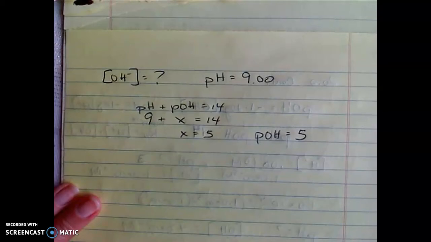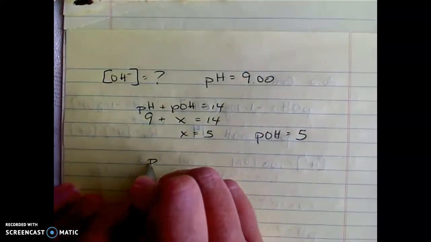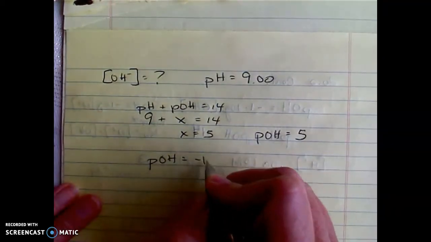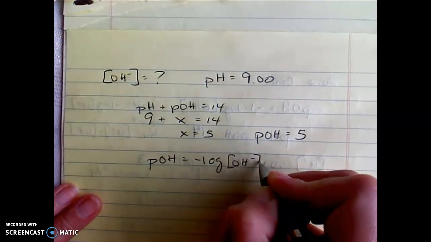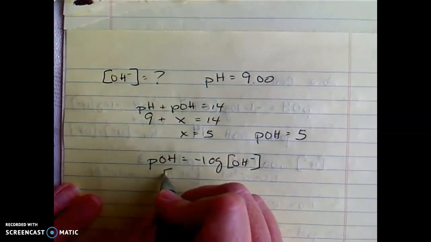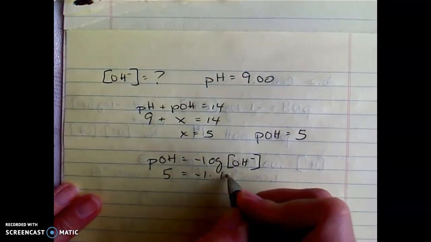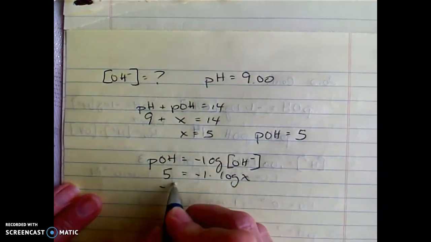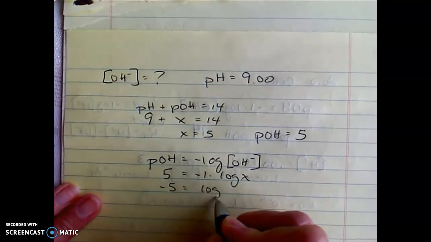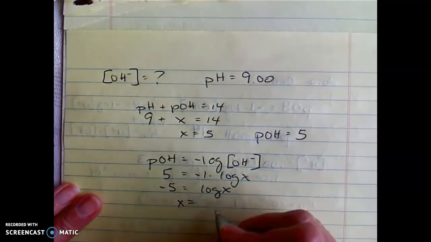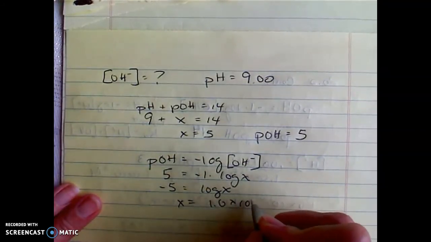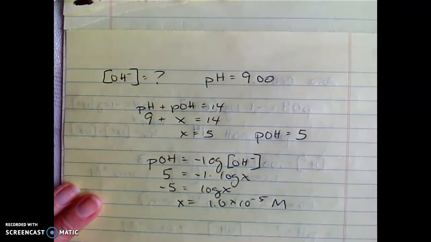From there, I'm going to use pOH is equal to the negative log of the concentration of OH minus. So I'm using inverse log. So this is 5 equals negative 1 log of x. So this would be negative 5 is equal to the log of x. And then hit my second log, and it's going to tell me 1.0 times 10 to the negative 5 molar.